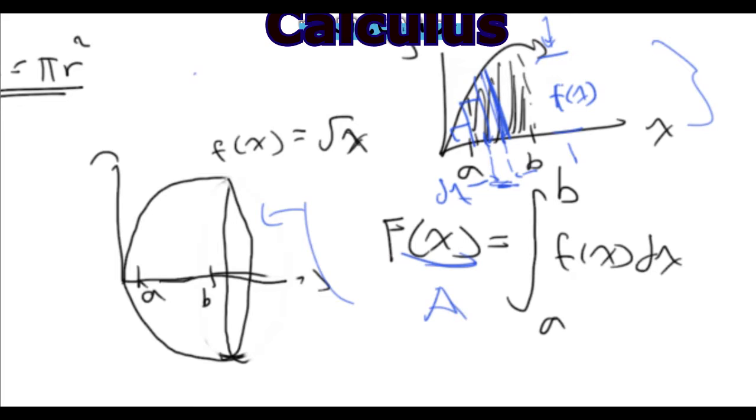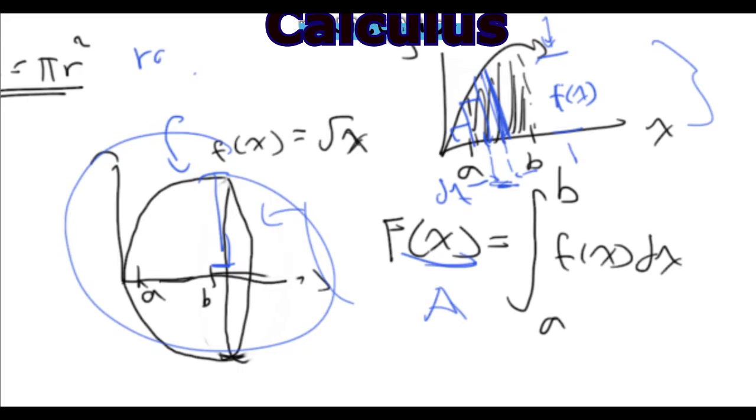But in this context, we are revolving this radical function, and we can say that our radius is f of x, which is the square root of x.